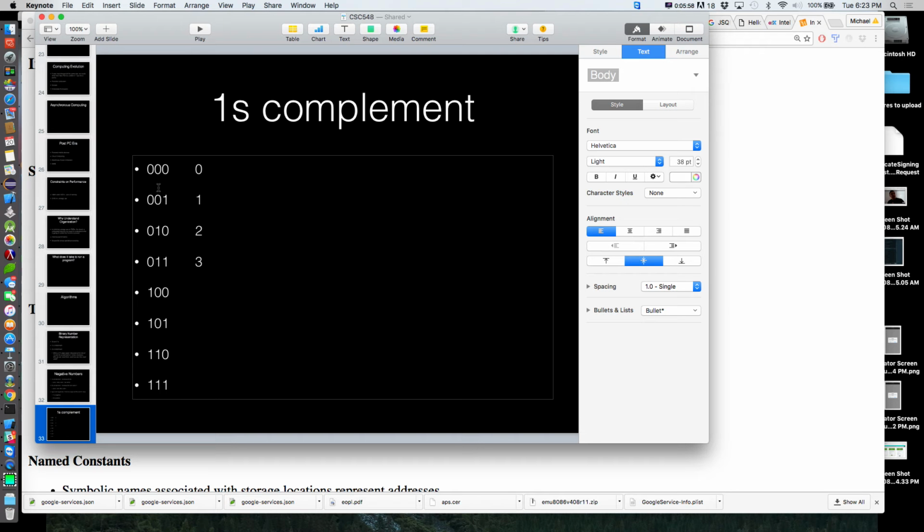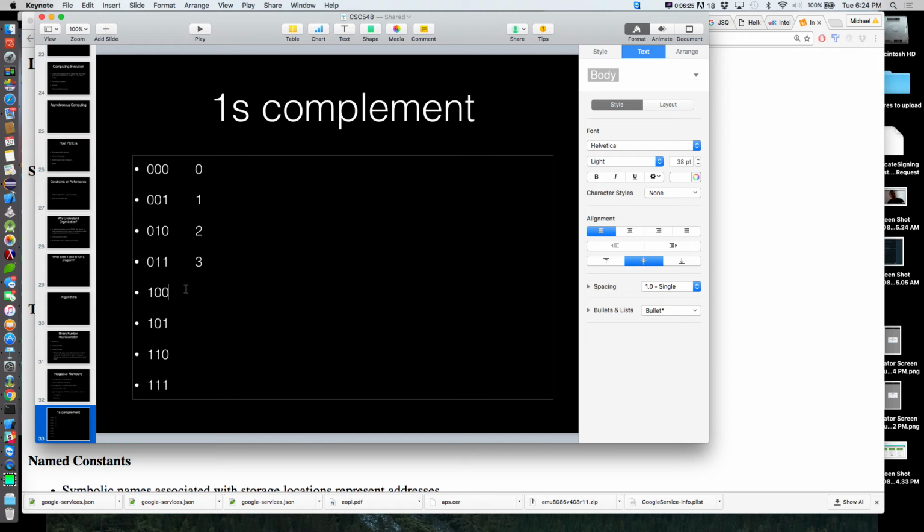So with a 3-bit number system, we really have 2 of those bits to represent our values. So this is really a base 4 signed number system. 0 to 3 would be a base 4 number, and all of these are positive numbers because they have 0 in front of them.